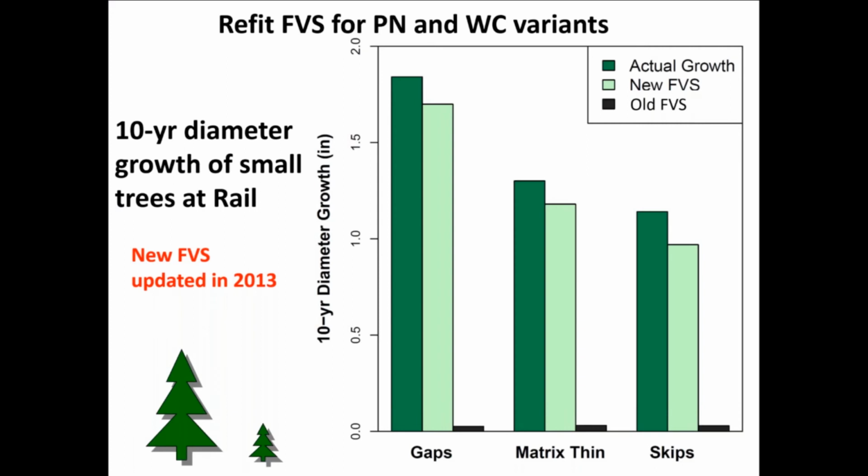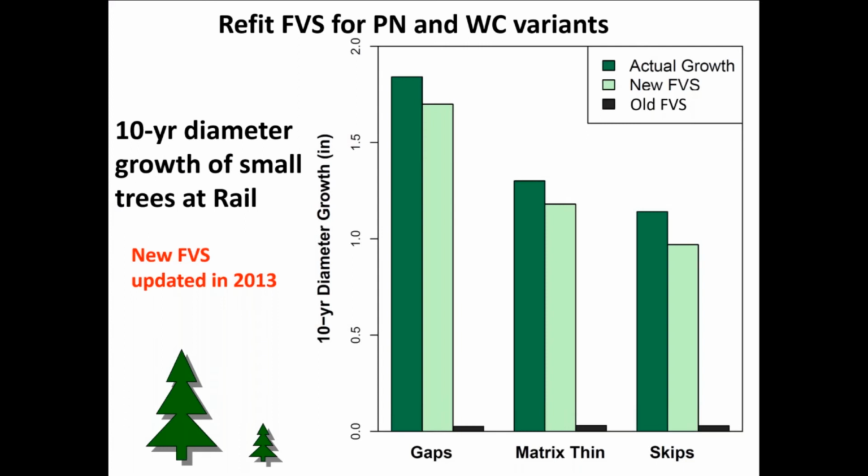But you can see that the old version of FES just did a terrible job in predicting the growth of the small trees, those less than 4 inches. It just did not have the basic data initially to be able to do a good job.